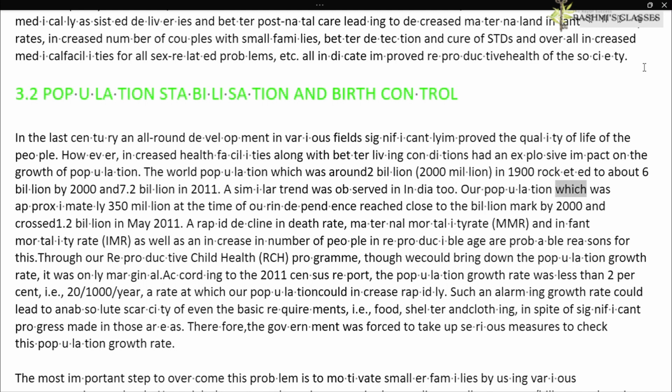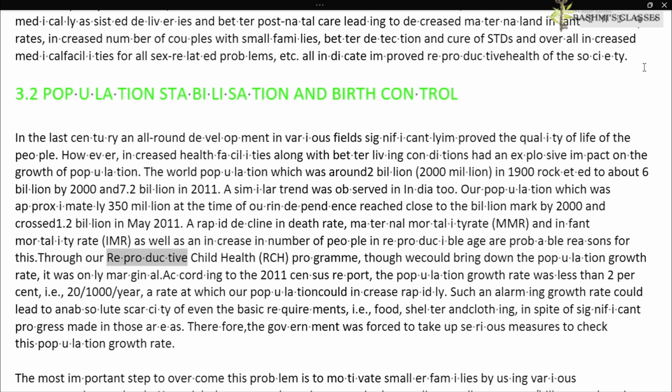Our population, which was approximately 350 million at the time of our independence, reached close to the billion mark by 2000 and crossed 1.2 billion in May 2011. A rapid decline in death rate, maternal mortality rate (MMR), and infant mortality rate (IMR), as well as an increase in the number of people in reproducible age are probable reasons for this.